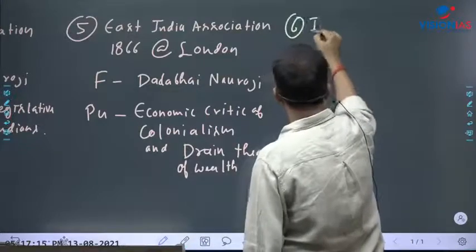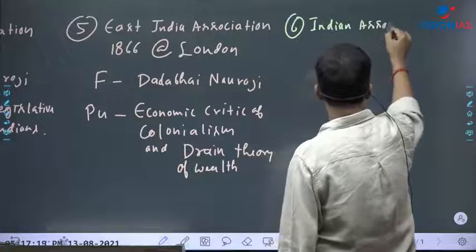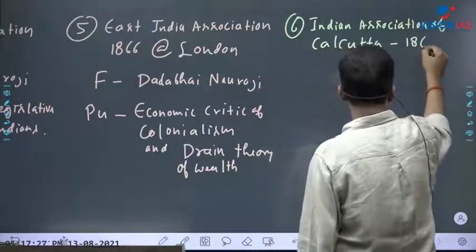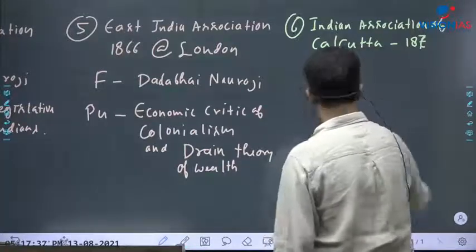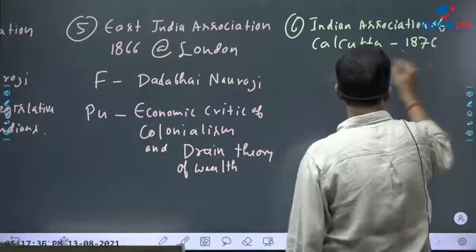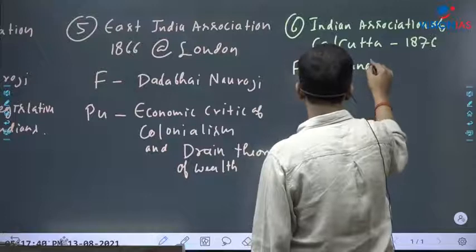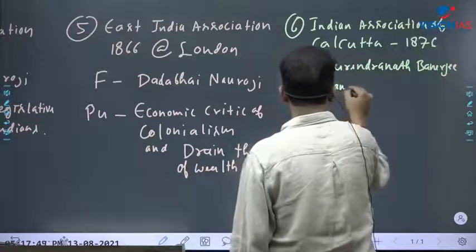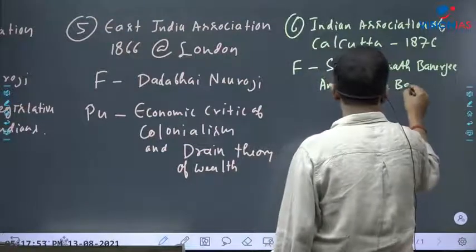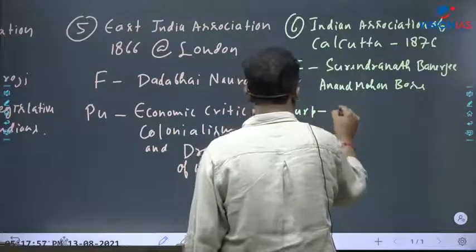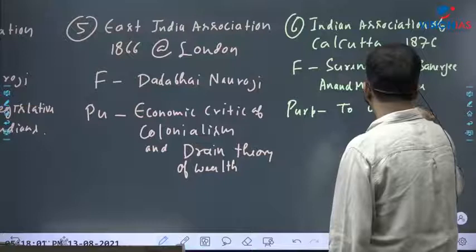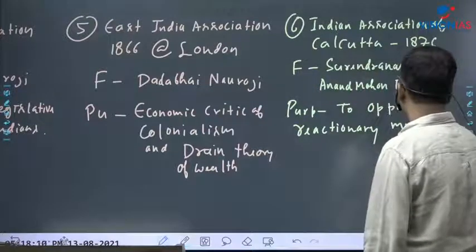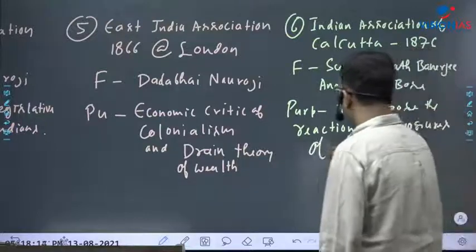Sixth one, Indian Association of Calcutta, 1876. Founders: Surendra Nath Banerjee and Anand Mohan Bose. Purpose: to oppose the reactionary measures of Viceroy Lytton.